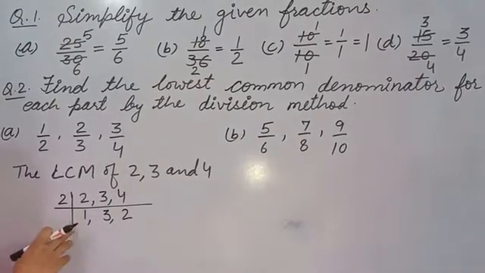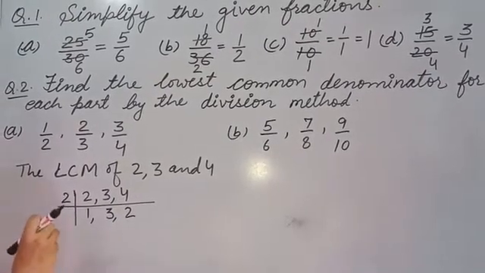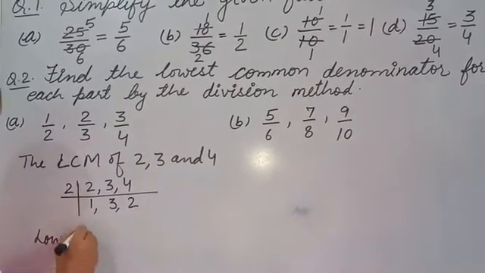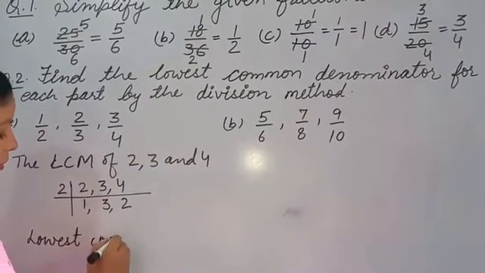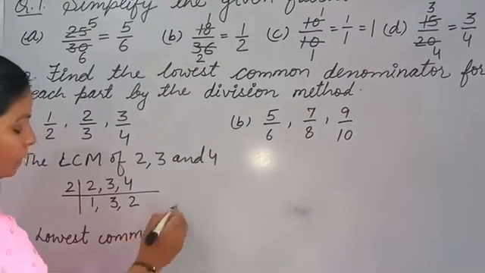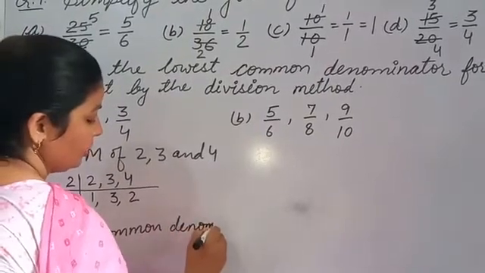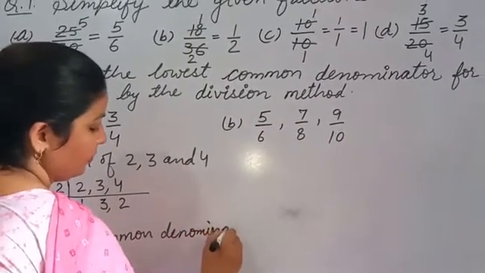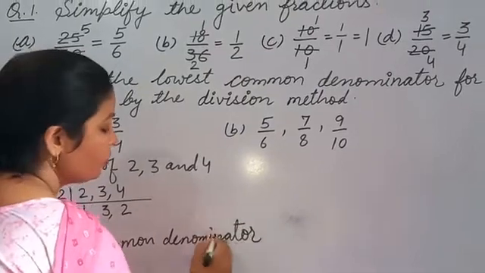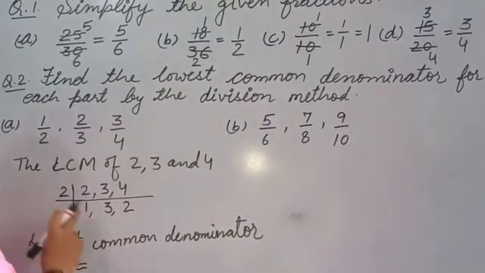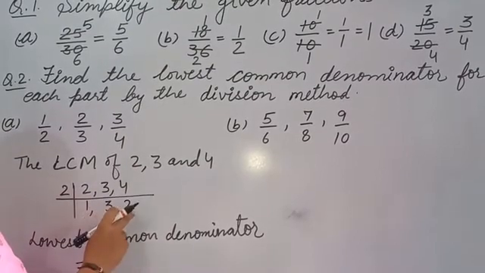Okay. So now we find here the lowest common denominator. Okay, so we write here lowest common denominator equals to, downside we can write 2 multiplied by 1 multiplied by 3 multiplied by 2.